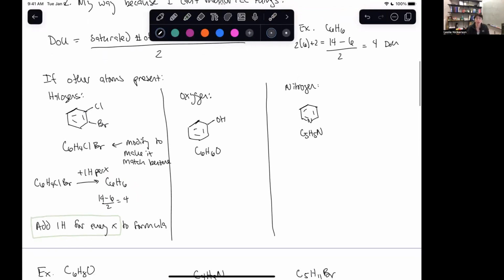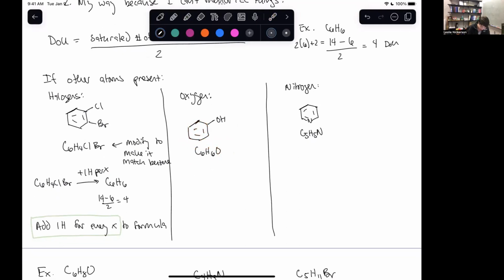All right, so then let's look at what happens if we have oxygen. So again, oxygen, I put it onto a benzene ring. I added an H on it just so that everything is nice and neutral. So I have a ring and my 3 pi bonds. So I still have 4 degrees of unsaturation here. And if I'm looking at this, if I just cross out that O, I already have the C6H6 that I would expect.